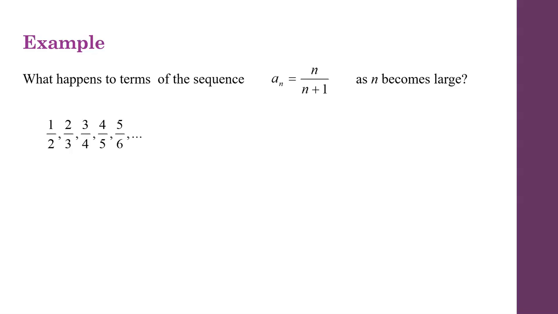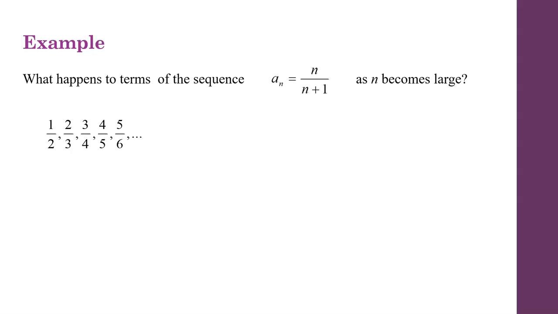And we can look at the decimal values of these fractions. 1/2 is 0.5, 2/3 is 0.6 bar, so it's getting larger. 3/4 is 0.75, so it's still getting larger. 4/5 is 0.8, 5 over 6 is 0.83 bar.